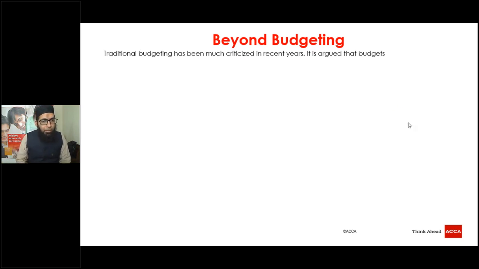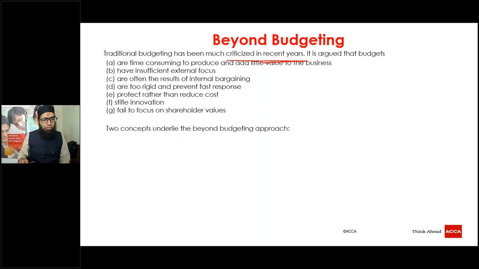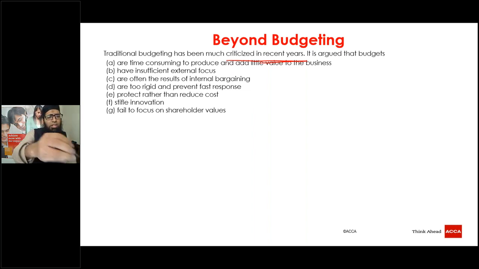So now, beyond budgeting. Traditional budgeting has been much criticized in recent years. So this approach actually criticizes the budgetary systems. And what are the criticisms? These are a few criticisms. First of all, it says that budgets are time consuming. They take too much time. Also, the focus when we prepare the budget is mostly internal, so there is insufficient external focus.